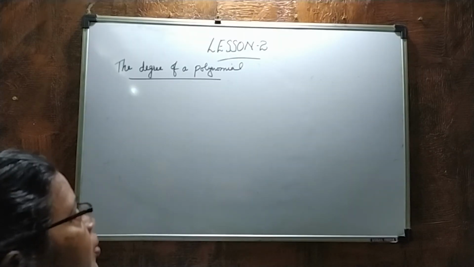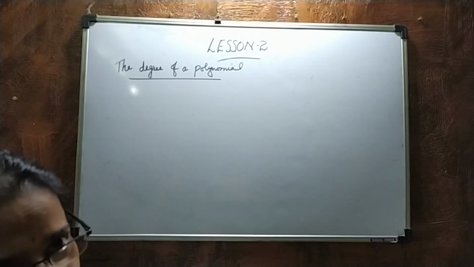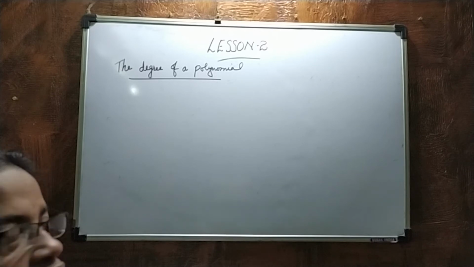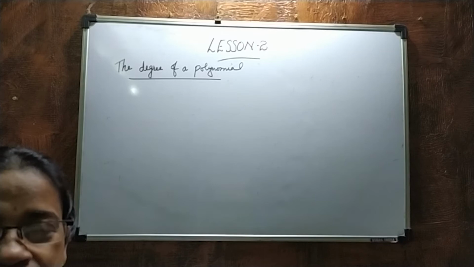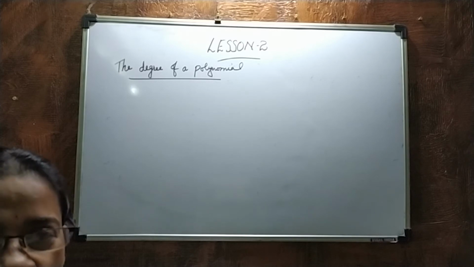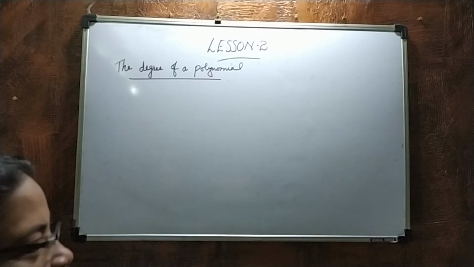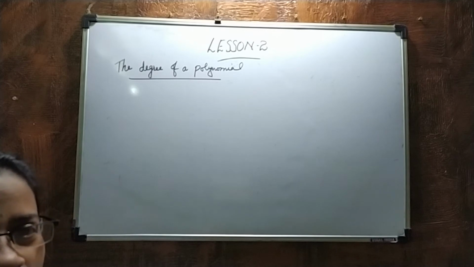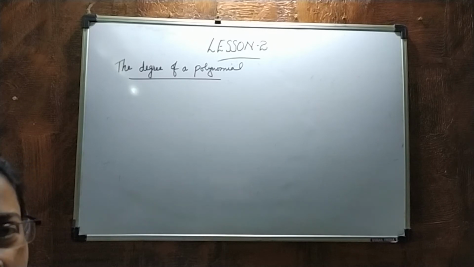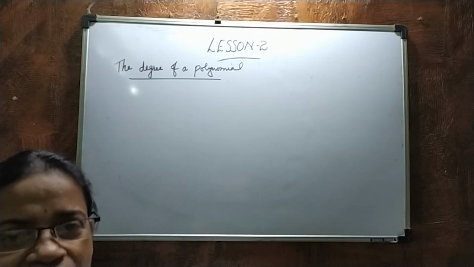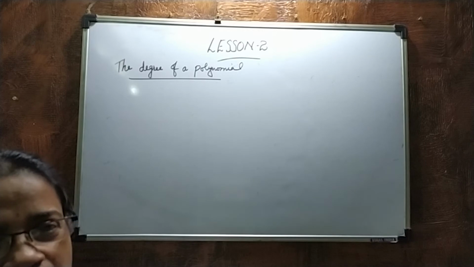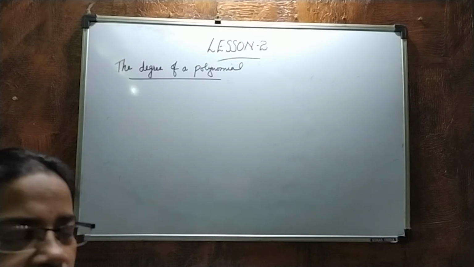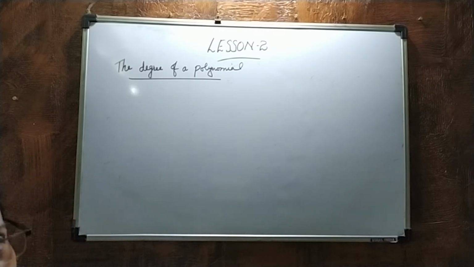Then next we will learn about the degree of a polynomial. The degree of a polynomial can be found by the highest exponent of the variable. Means what? You are given a polynomial. You have to find out which term has the highest power. That highest power will be the degree of the polynomial. Okay, now we'll write the definition.